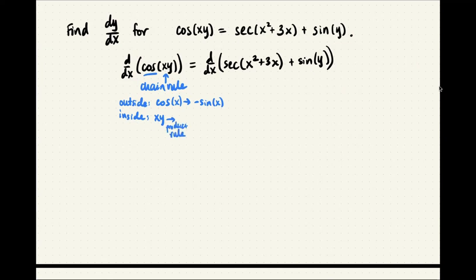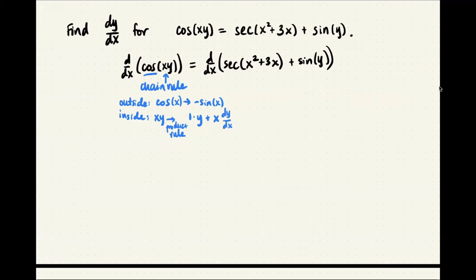The product rule tells us take the derivative of the first expression, so x, the derivative of x is 1, times the second part, just y, so we leave that alone, plus the first part, x, times the derivative of the second part. The derivative of y is 1, and then I need to write dy/dx next to it.